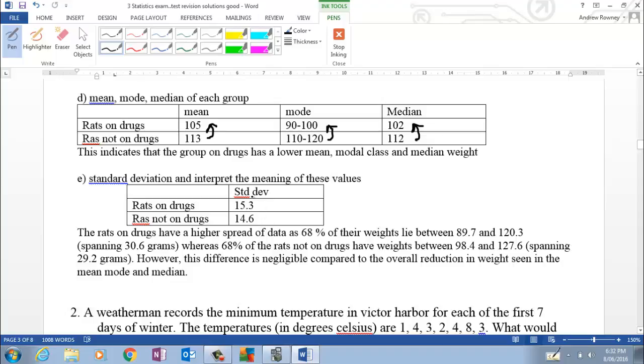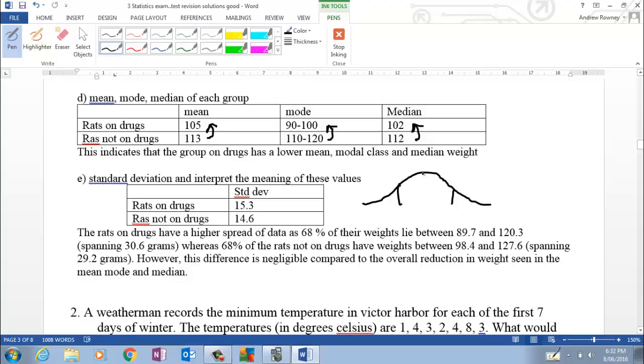Now we need to interpret the meaning of the standard deviation. So rats on drugs have a high spread of data, as 68% of the weights lie between plus or minus 1 standard deviation, which in this case is plus or minus 15. Okay, so it's the 68, 95, 99 rule.